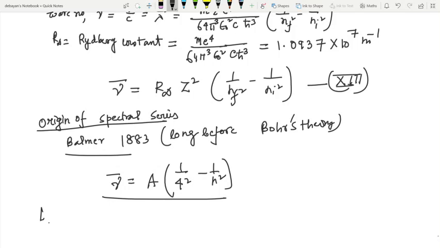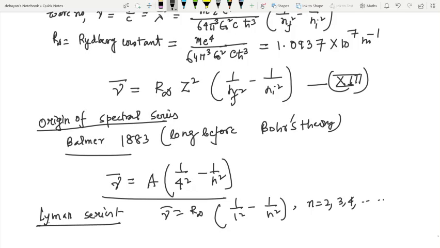If we say the first series, you already know it is the Lyman series, which is R infinity into 1 by 1 minus 1 by n square, where n equals 2, 3, 4 and so on. And that series falls in the ultraviolet region.